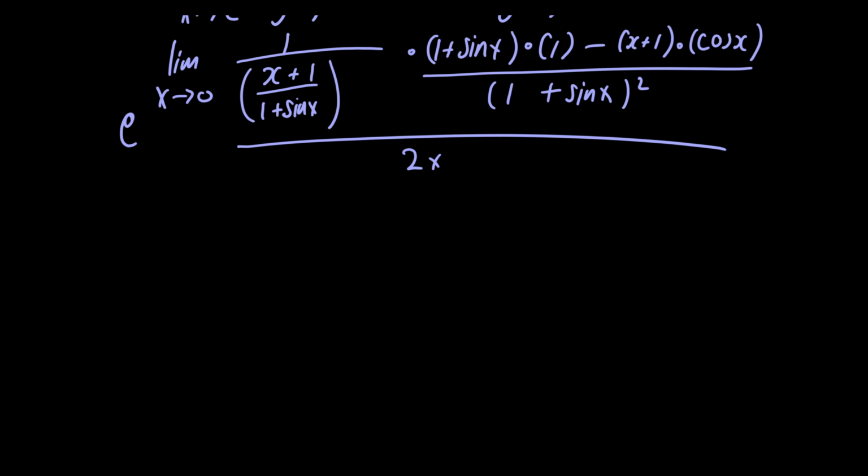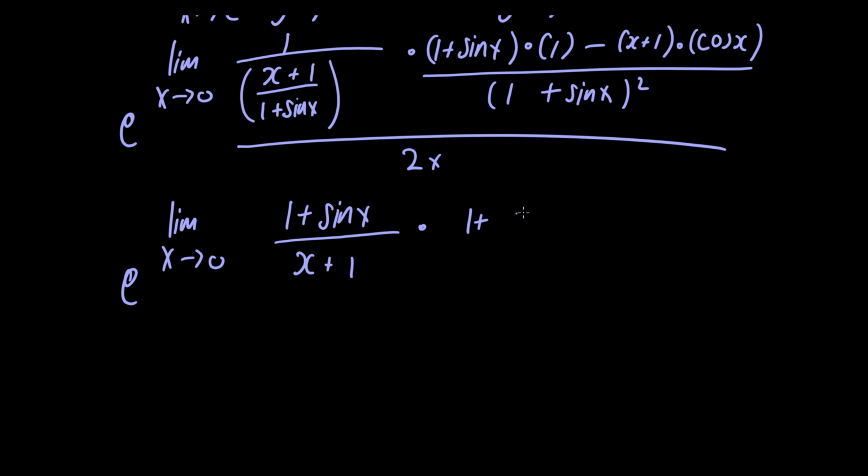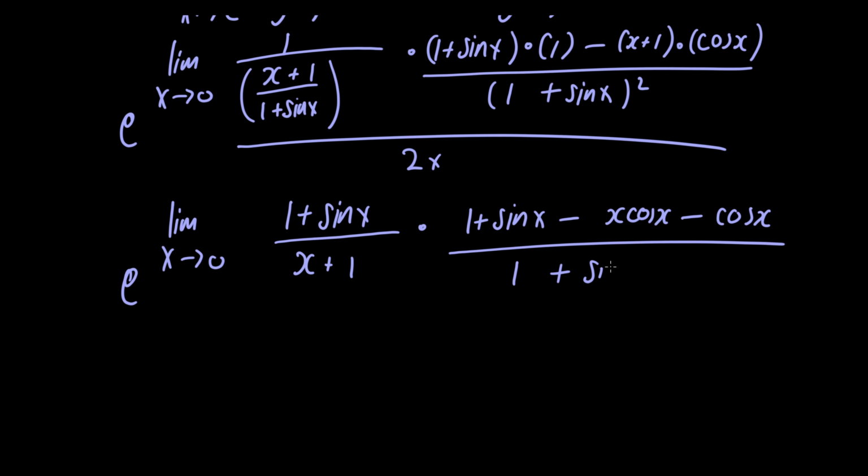So let's clean this up a little bit. We have e raised to the limit as x approaches 0 of (1 + sin x) divided by (x + 1)(1 + sin x), minus x cos x minus cos x, all divided by (1 + sin x) all squared, divided by 2x.